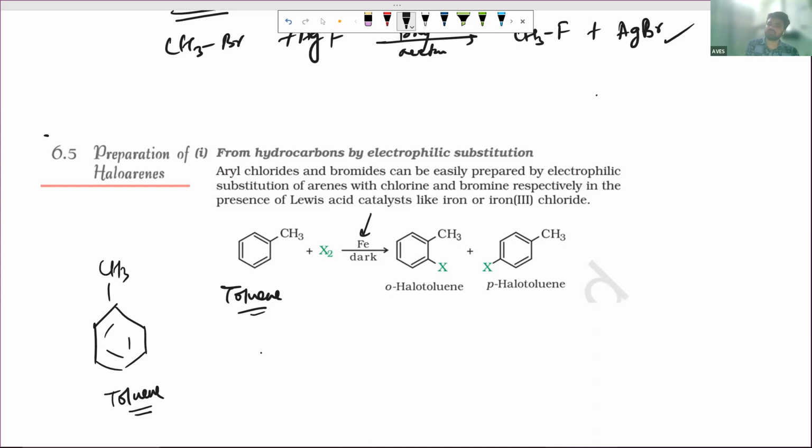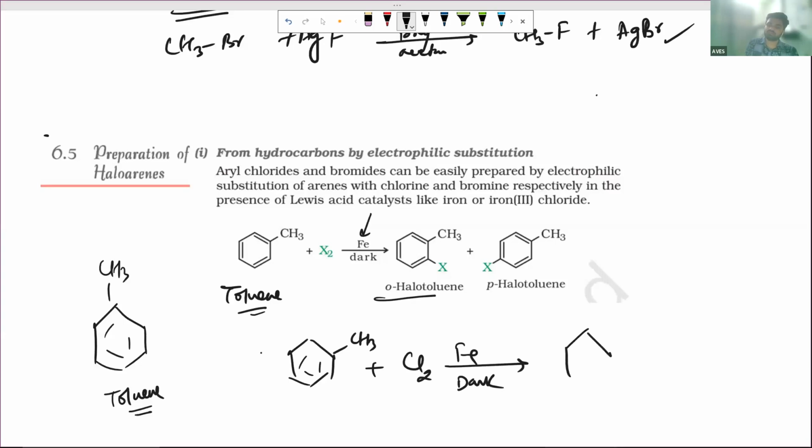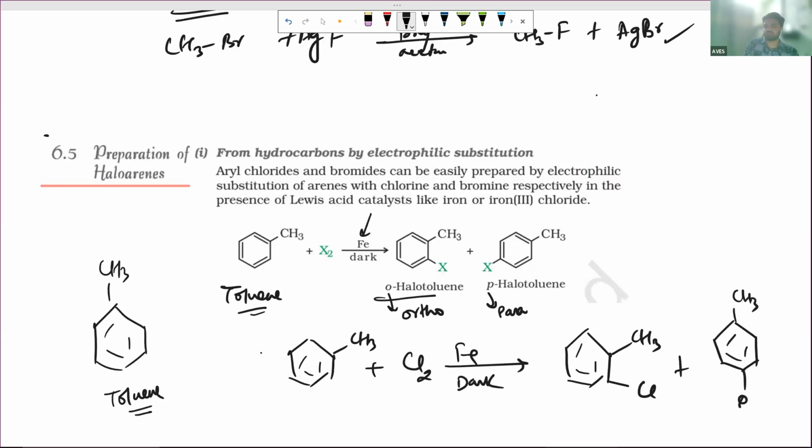Then it gives you two kinds of products: ortho halotoluene and para halotoluene. If I have this benzene with a CH3 group here and pass chlorine gas in the presence of Fe in the dark, it gives CH3 here and Cl at the ortho position, plus the para isomer. O indicates ortho, P indicates para position.